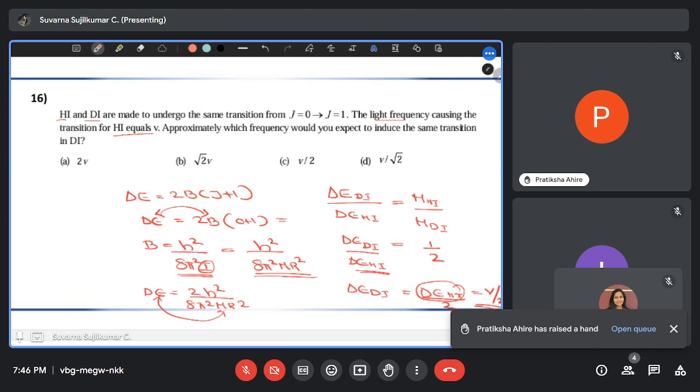The transition energy, or the frequency, for HI is V, and for the transition for DI, it will be half of HI. Clear? So basically you have to know the relationship between delta E and the rotational constant, and delta E and the reduced mass. Clear?